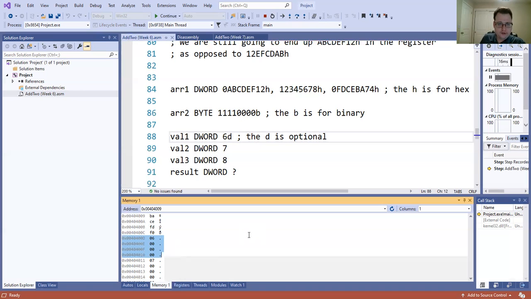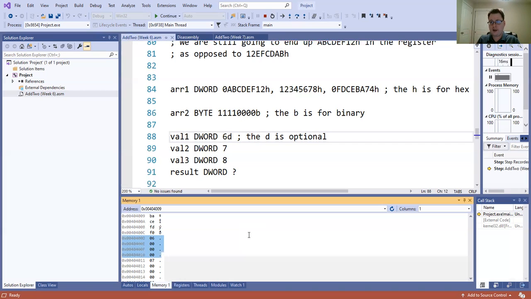So if you think about sign extension, and if you think about this in terms of hexadecimal, since that's how we display things here in memory, what would the value 6 look like if it were given in hexadecimal with a total of 8 hex symbols?